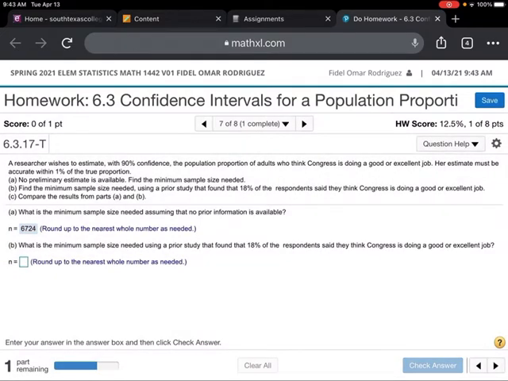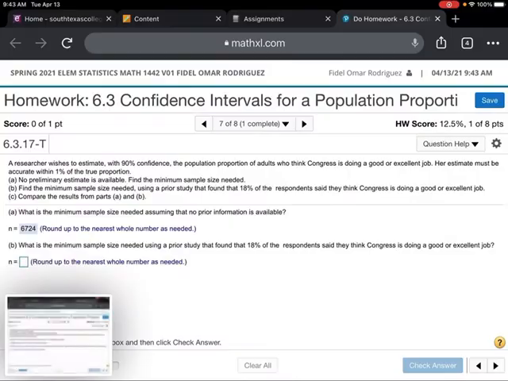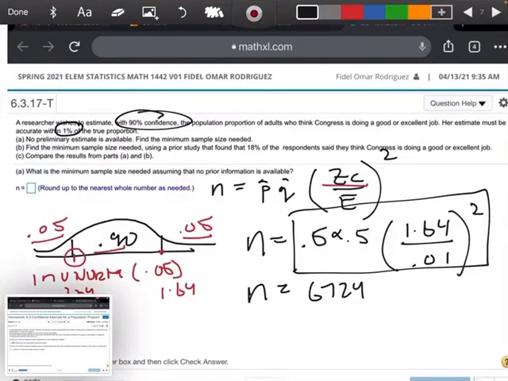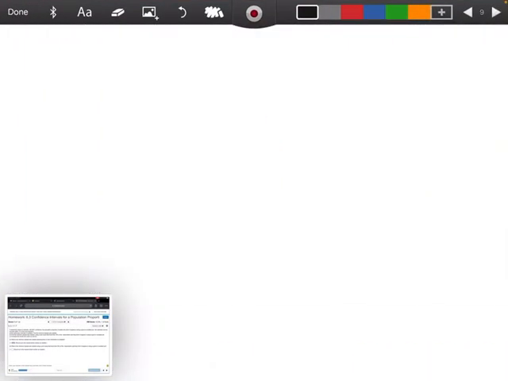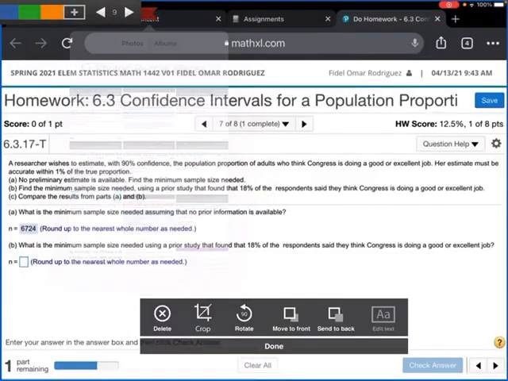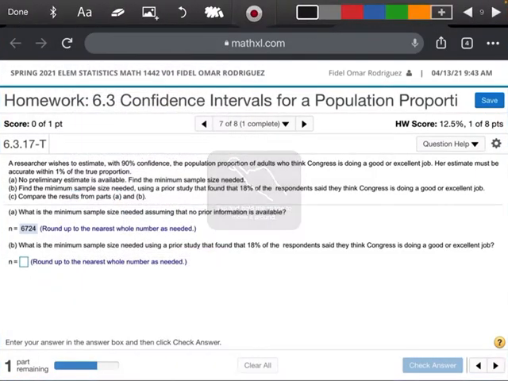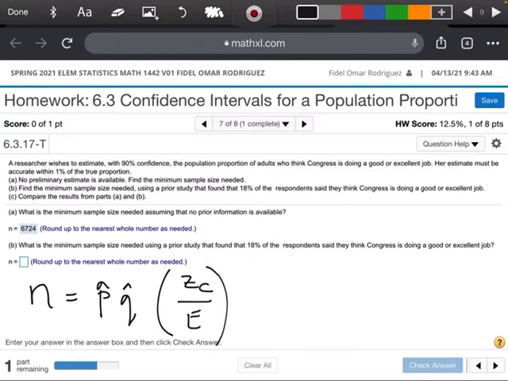Now let's go ahead and do part B. Okay, so now, same type of problem, right? The only thing that's different now is that we have values for p-hat and q-hat. So p-hat in this case is 0.18.